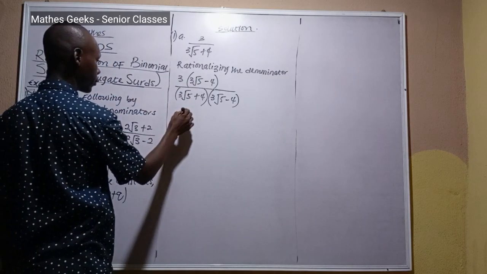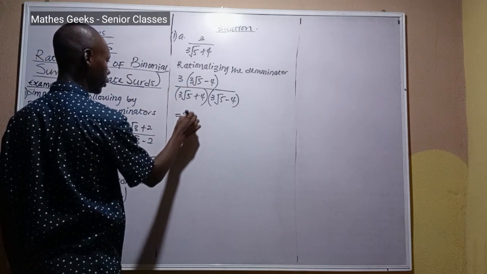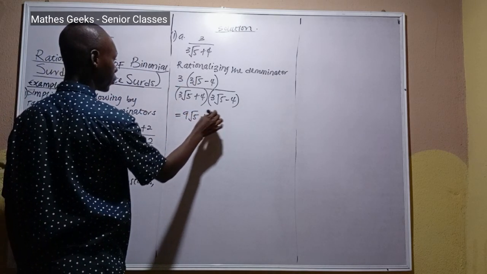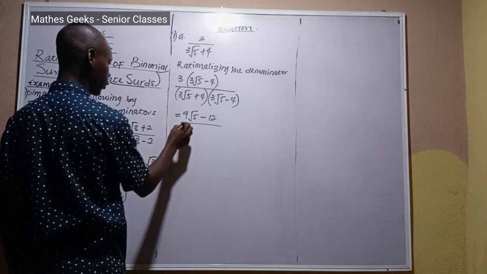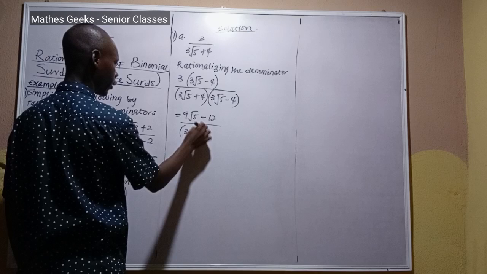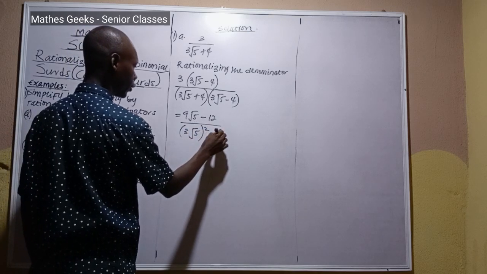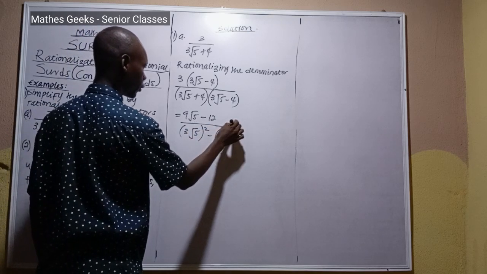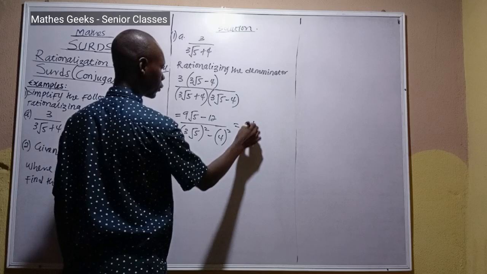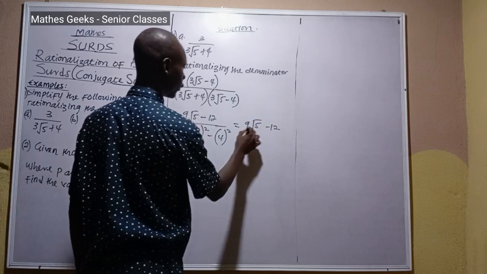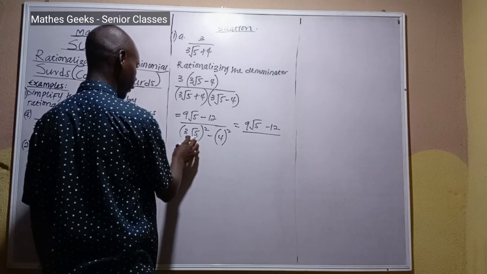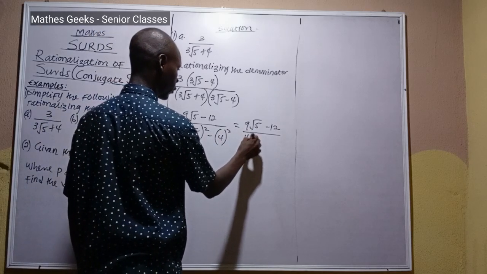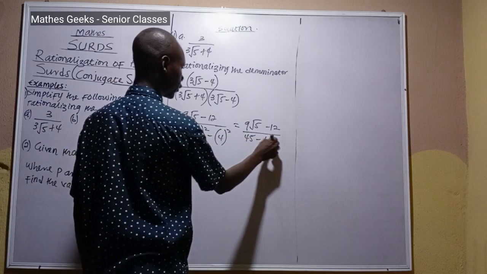3 times 3 root 5 gives us 9 root 5, plus minus 12. So this will give us 3 root 5 squared minus 4 squared. 9 root 5 minus 12 over, 9 times 5 is 45, minus 16.